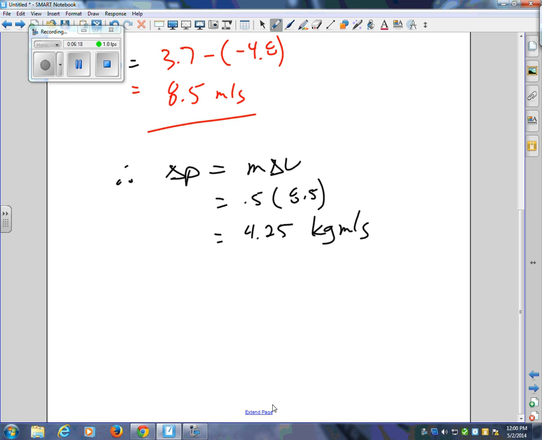Isn't impulse equal to delta P? Yes, because F delta t equals m delta V, and m delta V is delta P, and F delta t is equal to J. The impulse is the change in momentum. So all you do is you just say J equals 4.25 Newton seconds, in which direction? Up.